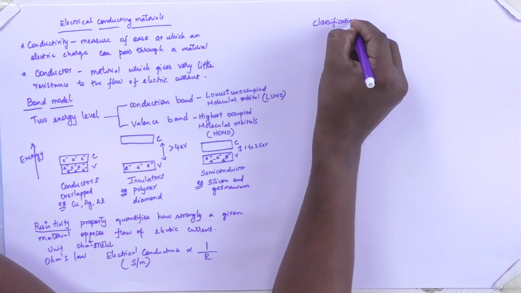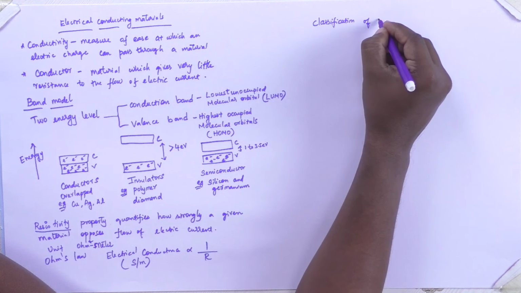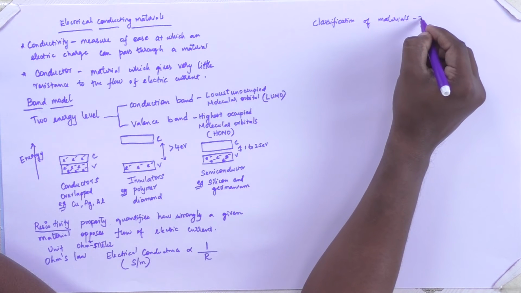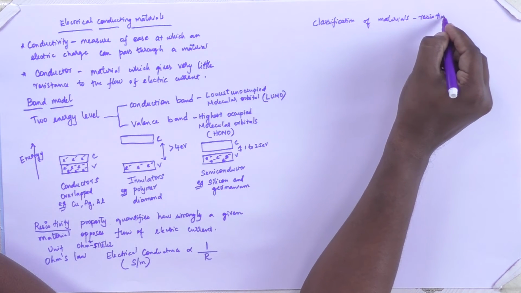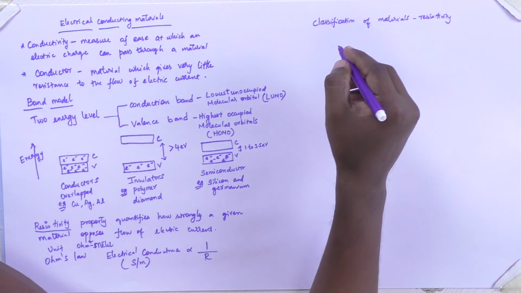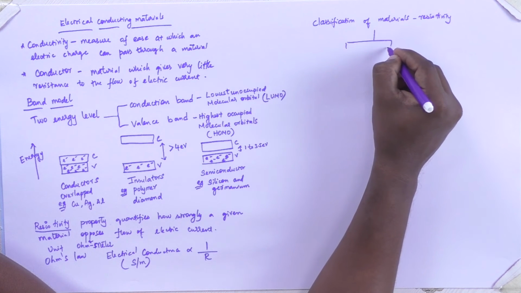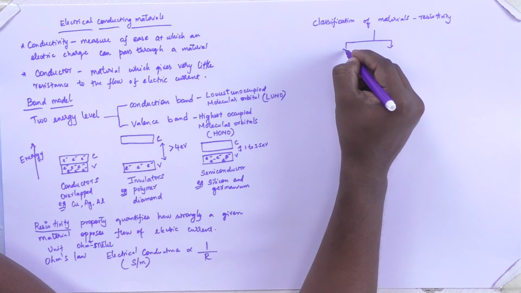Next, we discuss classification of materials based on resistivity. So usually materials are classified into two types based on resistivity.